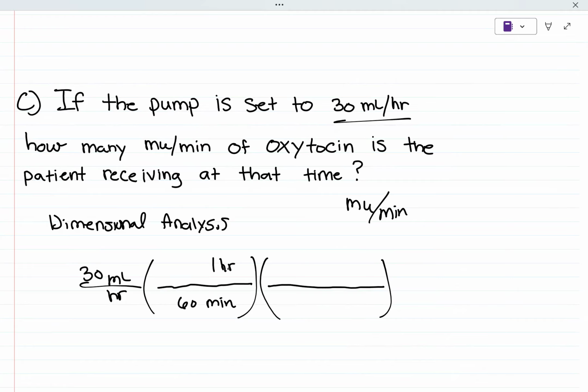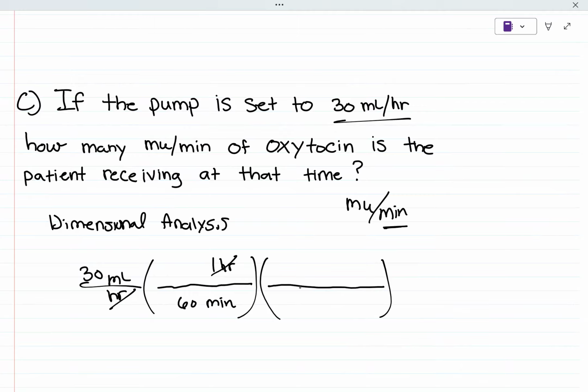And so the hours disappears, and then you're left with minutes on the bottom, and then milliliters. So you're left with milliliters, but we want MU. So you need to use your conversion factor.